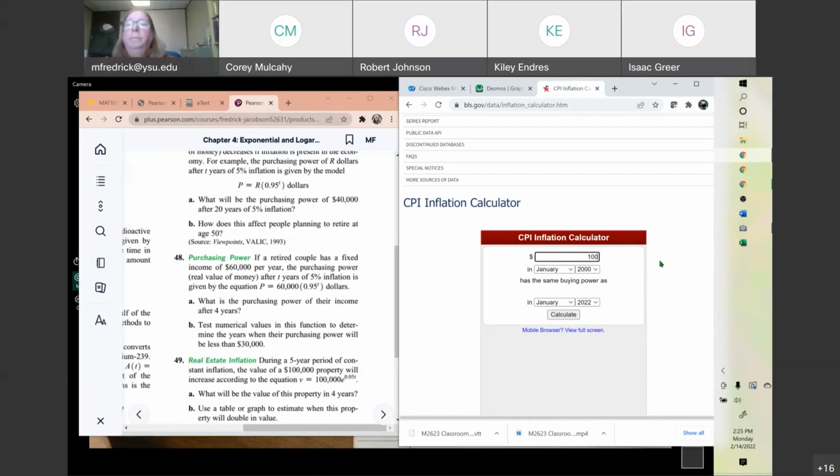So if we put 100 in and we go with, let's go with 2020 to 2021, so $100 is worth $101.40. Now the reason I used 100 was because I can see the percent in there. That's a 1.4% increase. So from 2020 till the end of that year, inflation went up by 1.4%.